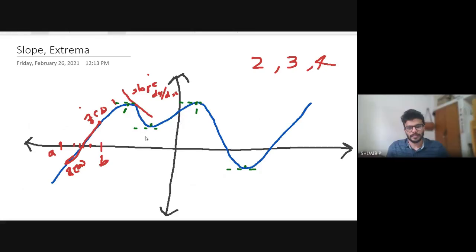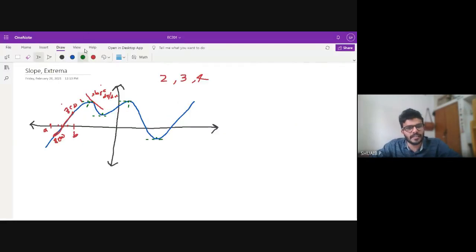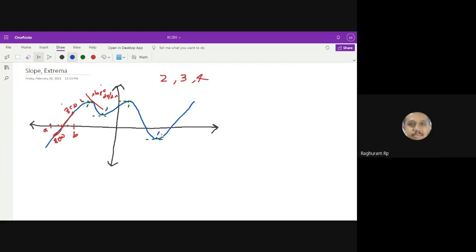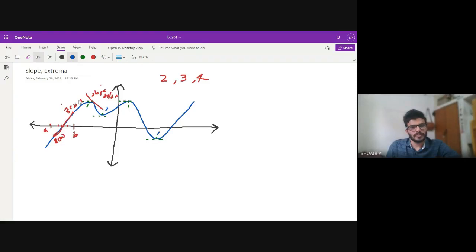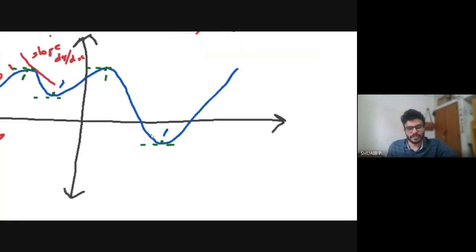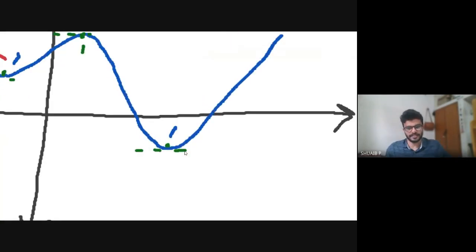And maybe I will use another notation, another color. And these 2 points are local minima. So if you think of taking another derivative of this function at that point, let me focus on this region as it's much less cluttered.